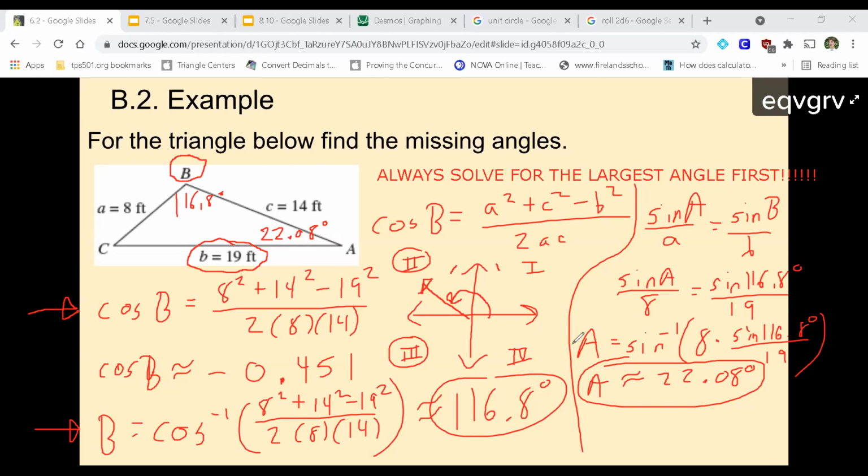And then you could find C using the law of sines, but once you know two angles, all three angles have to add up to 180. So the easiest way to find angle C would be to subtract the other two from 180 and see what's left over. So angle C is 180 minus my other two angles, which means angle C is 41.12 degrees.